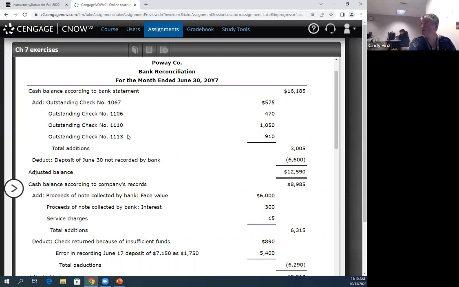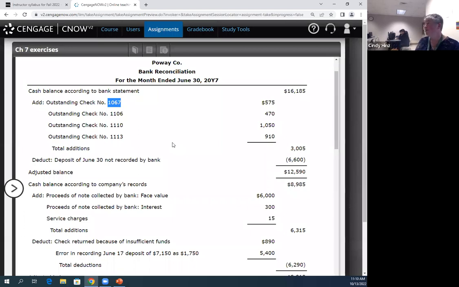Looking at this series of check numbers, you can see that this one is pretty far out of the series. That tells me that this is an older check. I don't know how old. As I said, in a real world situation, it would not only say the check number, but it would have the date. It would probably say who the check was written to, although we can easily look that up. But we would want to know the date.